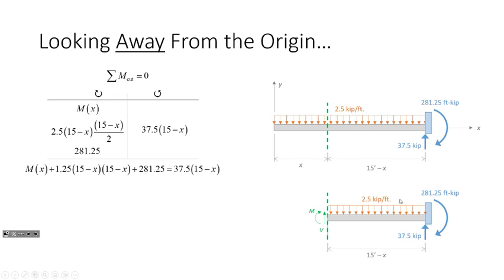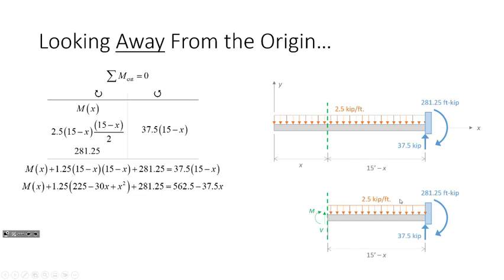Let's see. So we've got the real moment function. We've got this hullabaloo right here. We've got this concentrated moment equals that. Break out those algebra skills. Okay, so over here, 1.25 times, first times first is 225. Outside times outside, inside times inside gives us the negative 30 x squared plus the 281.25 equals. Let's distribute this multiplication. 37.5 times 15 is this.